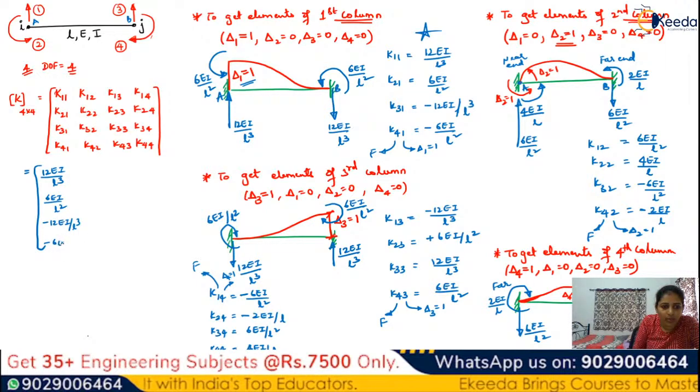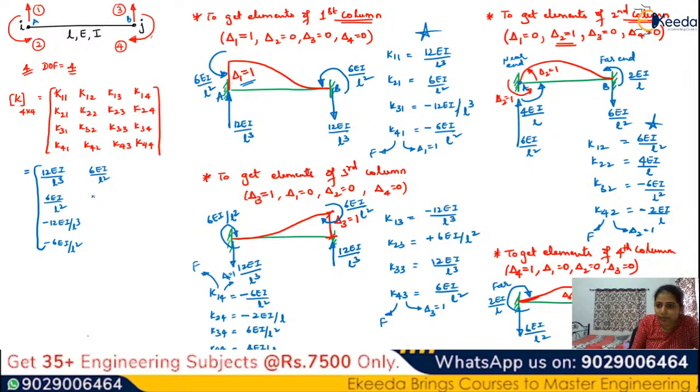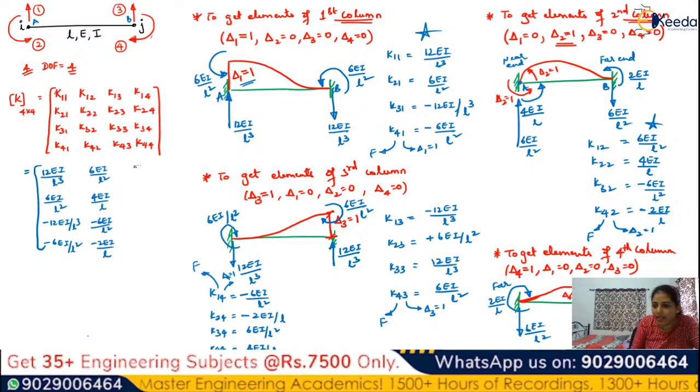The last one will be minus 6 EI by L square. Next, second column, here we have second column elements. So 6 EI by L square, then 4 EI by L, then minus 6 EI by L square, and the last one will be minus 2 EI by L. Next, third column.